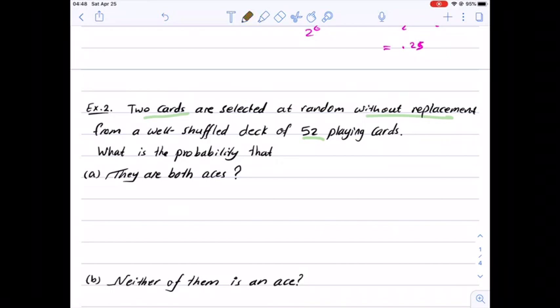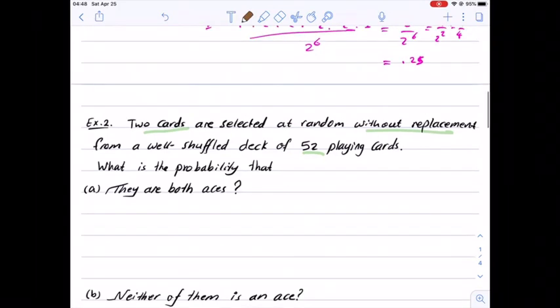So that means we are choosing two cards, both are aces. Let's first define the event. The event is E: getting two aces.